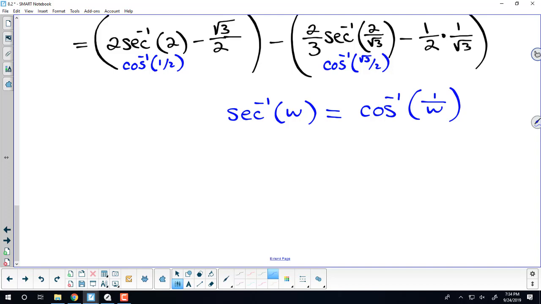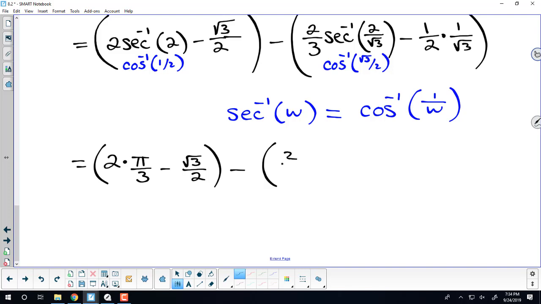So inverse cosine of 1/2 would be what? Pi over 3, because the cosine of pi over 3 is 1/2. So inverse secant of 2 is also pi over 3. We have this here, minus, we've got our 2/3.